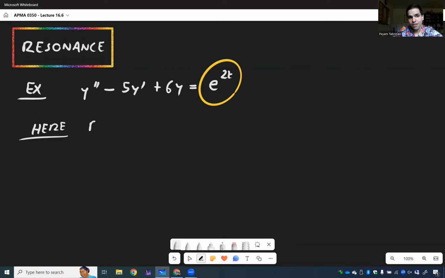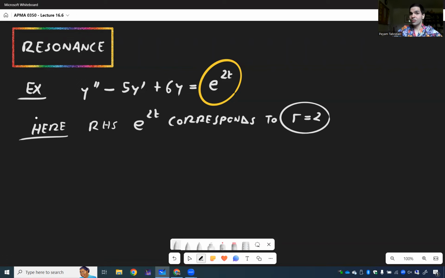And it is correct. So we see here the right-hand side, e to the 2t, corresponds to r equals 2. So keep this in mind because this will be important to what's to follow.